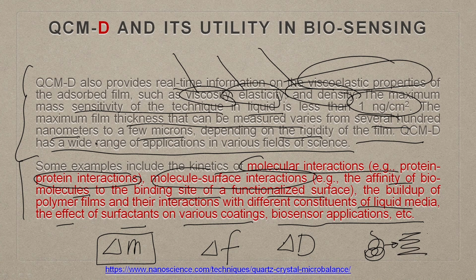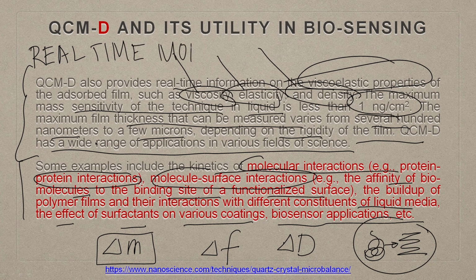This change also can be monitored, how the conformational geometry of the protein changes depending on the situation, adherence, and over a period of time. So, you could have real-time monitoring using QCM-D, and that is the beauty of this technique, that you can monitor multiple things.